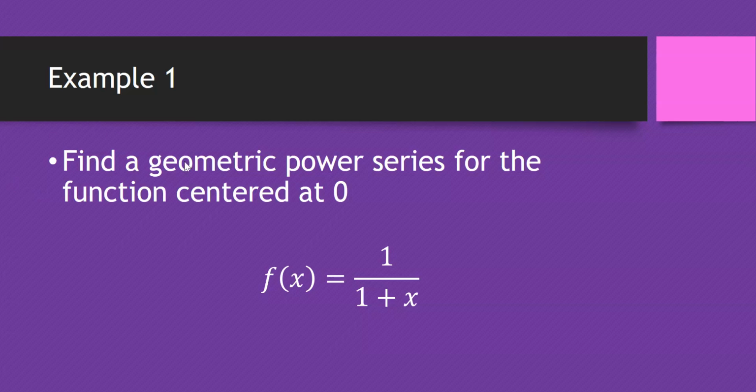So let's look at this function. f of x equals 1 divided by 1 plus x. We want to center a geometric power series at 0, and we want that geometric power series to be equivalent to this function. So how are we going to do that?